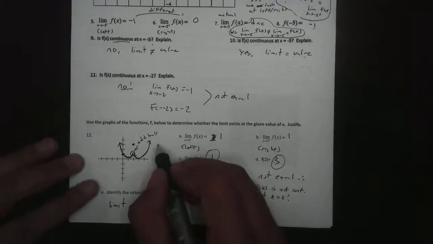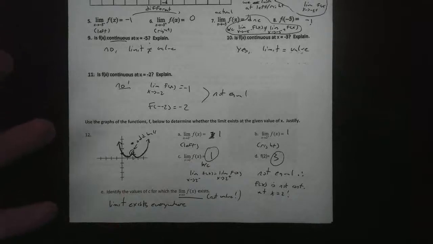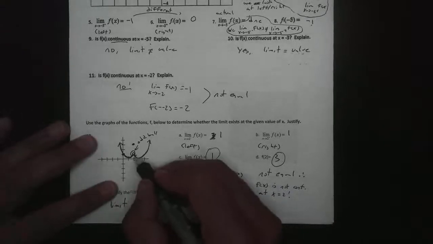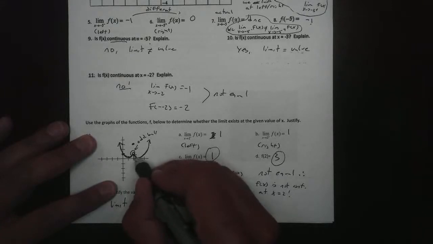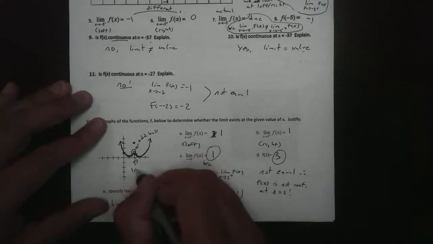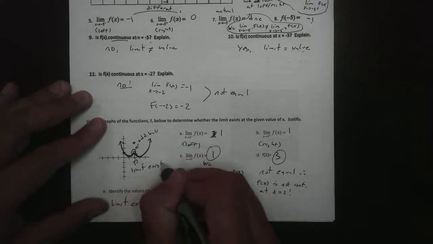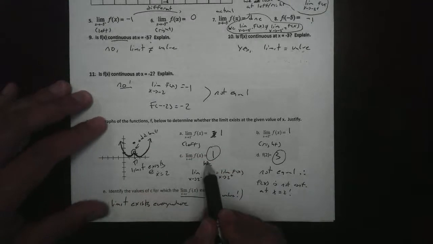The only place we really have to check is where we have our hole. That's the only place we have to check. It's the oddball. So I just have to say, well, does the limit exist here? And I would say, yes, it does, because from both sides, we're approaching 1. So the limit does exist here at x equals 2. We already know that because we set it for part C right here.